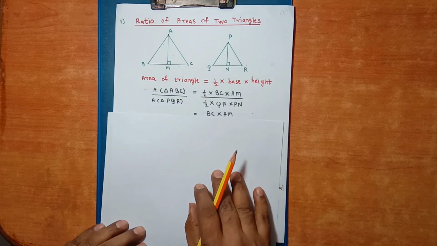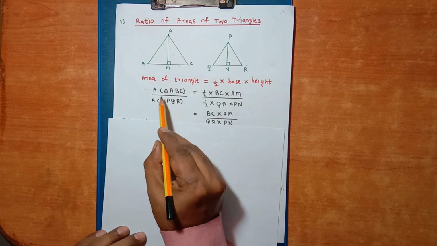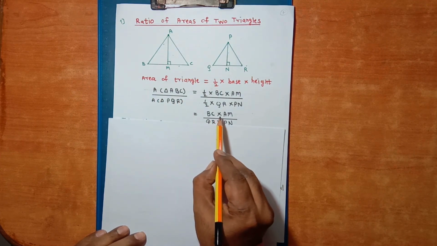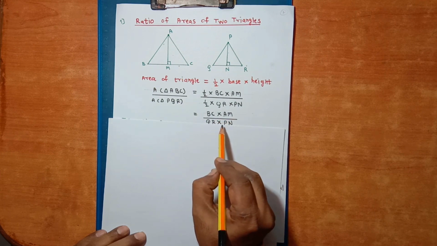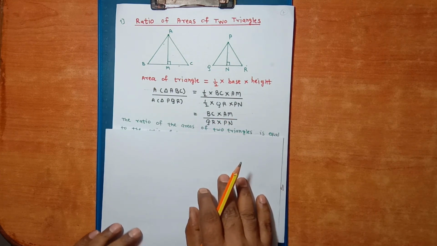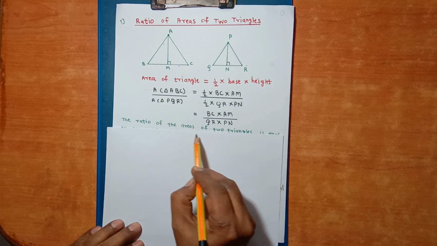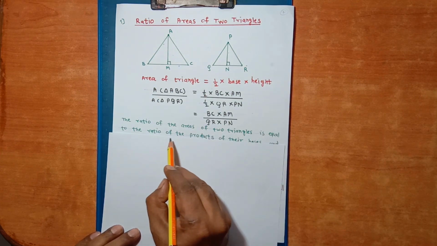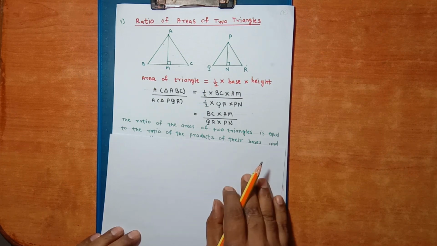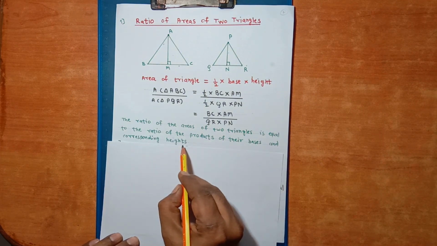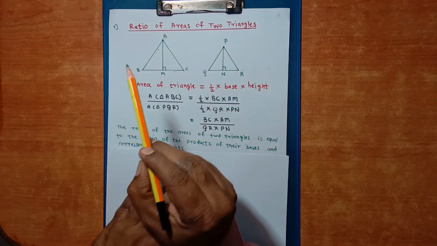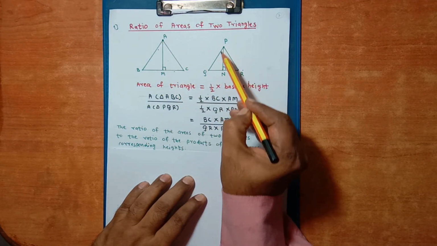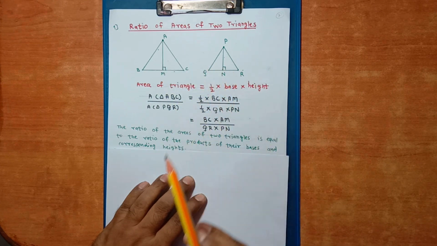After simplifying, we get area of triangle ABC upon area of triangle PQR is equal to BC into AM divided by QR into PN. That means the ratio of the areas of two triangles is equal to the ratio of the product of their bases and corresponding heights.